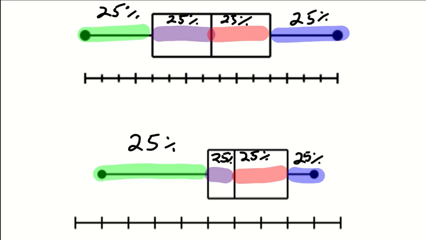So each whisker, each half of the rectangle, or each box there, is 25% of your data. The reason it's sometimes more stretched out or more squished together looking is based on how far out the data is spread. If the numbers are close together, it makes it shorter.